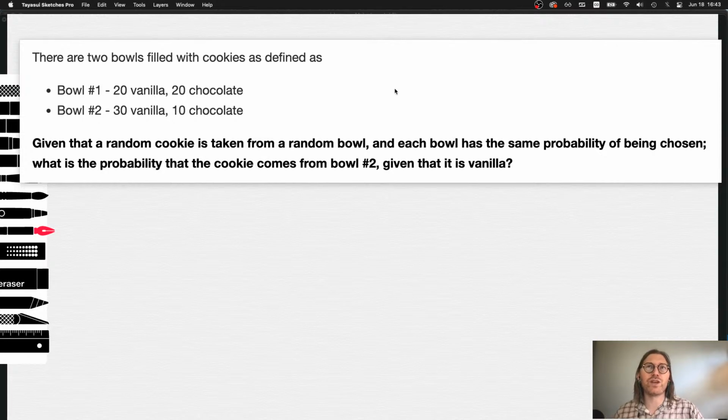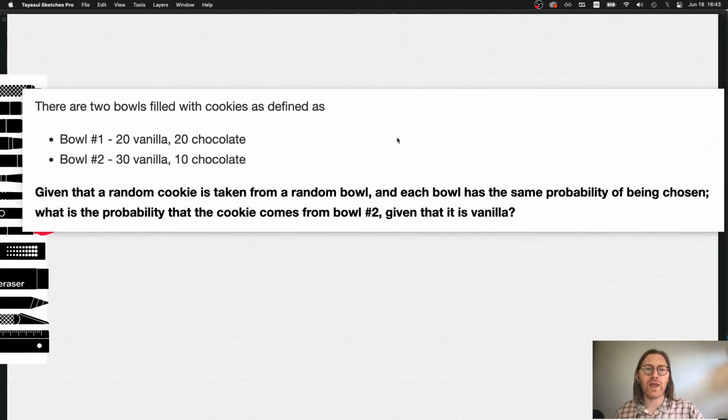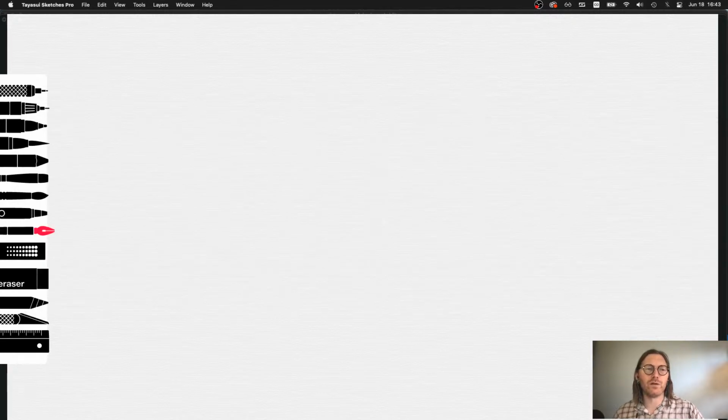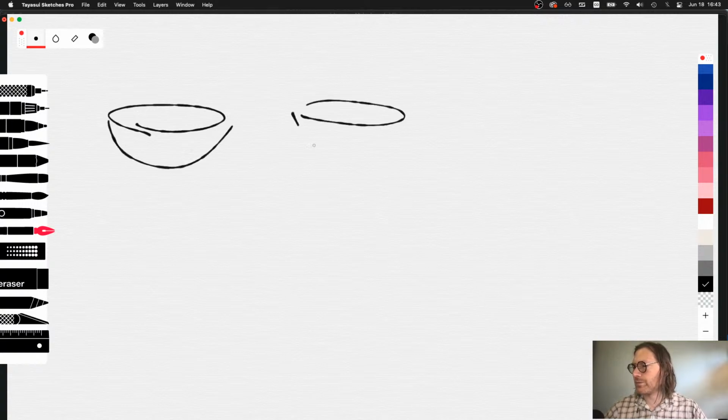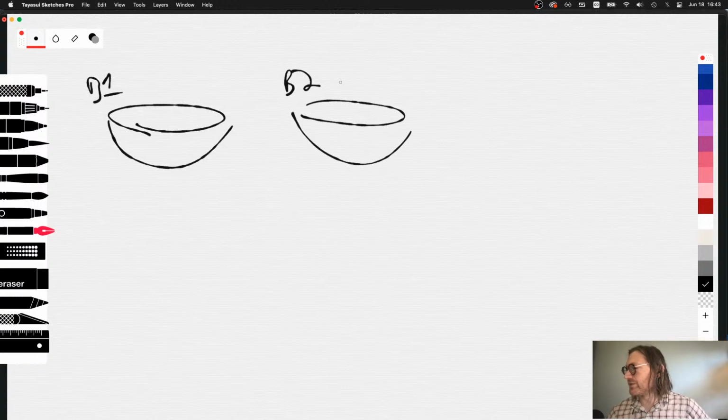So let's rethink this problem a little bit and just consider the probability of choosing a vanilla cookie. Let's figure this out. We've got 2 bowls of cookies. I'll use color black. This is bowl 1. This is bowl 2. In bowl 1, we've got 20 vanilla and 20 chocolate.